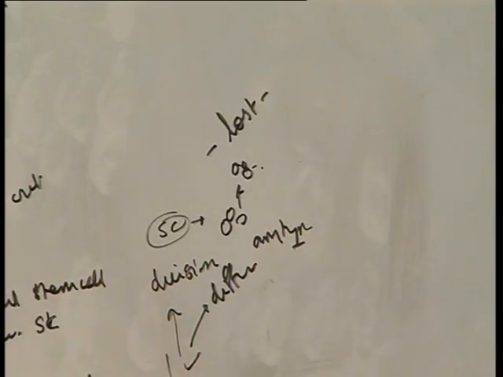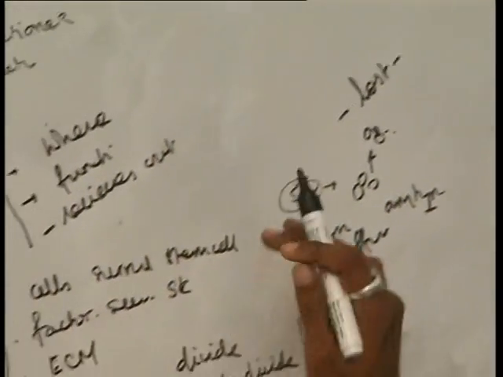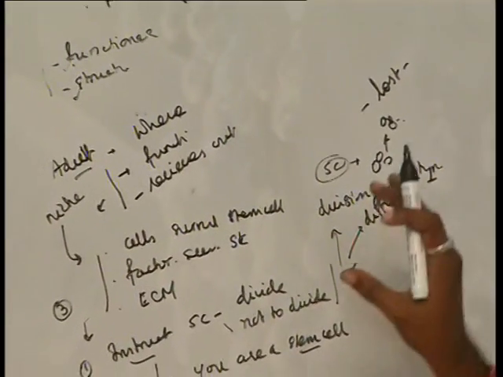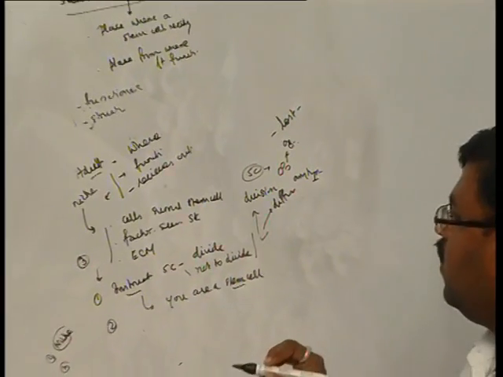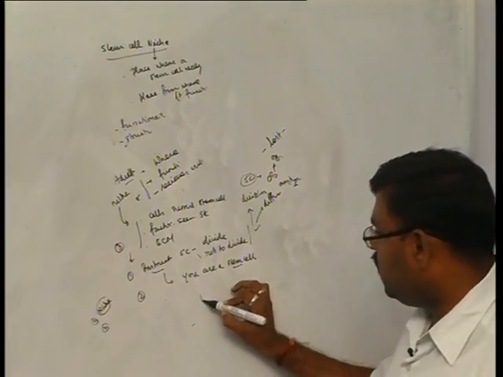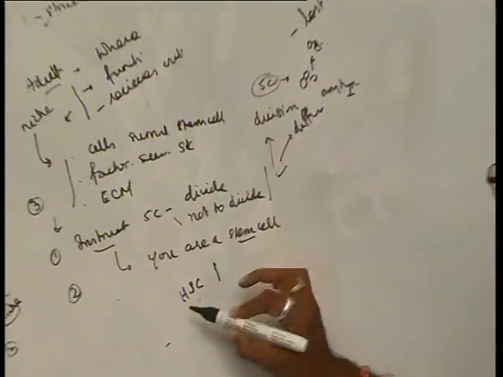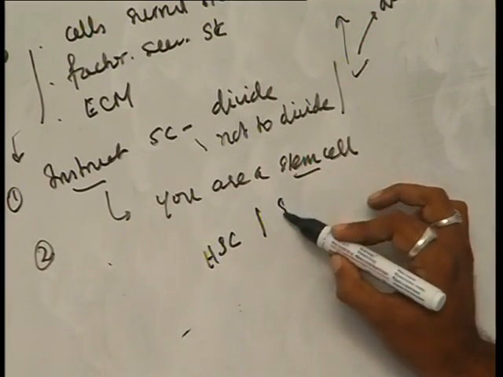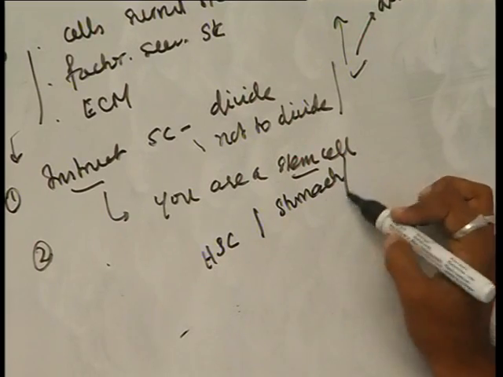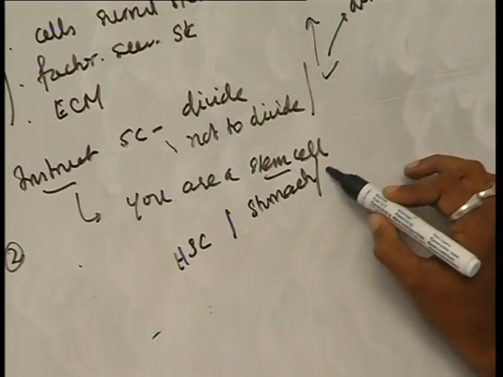You understand? So this is the importance of the niche. The niche varies between different tissues. For example, the hematopoietic stem cell niche is different from what is present in the stomach or of course the colon.